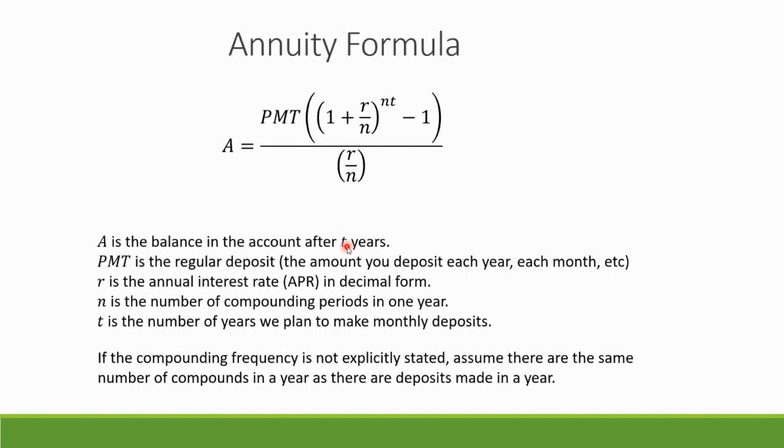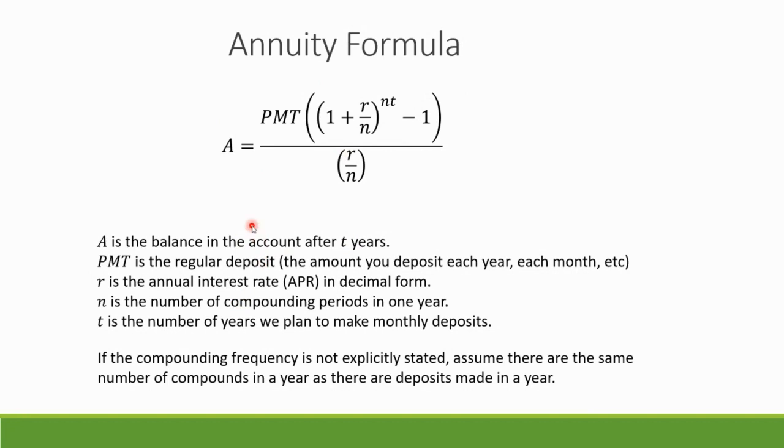You technically could use that TVM solver, but let's just stick with the formula for now. Theoretically, I think the formula is a little bit easier, but the calculation can be annoying, so to say. But again, this is our formula, and this is just a notation for it.